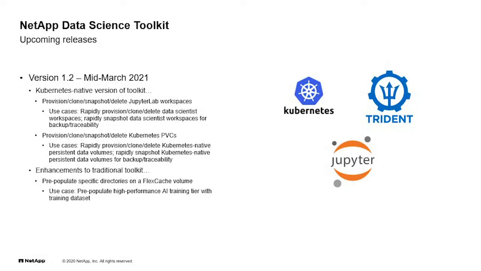The use case would be, as I mentioned before, if you have a large data lake and you want to pre-populate a high-performance AI training tier with different datasets across the cloud, then you can use the latest release of our Data Science Toolkit, which will use underlying NetApp Trident technology to work with your data lake and help you with such high-performance AI training requirements.